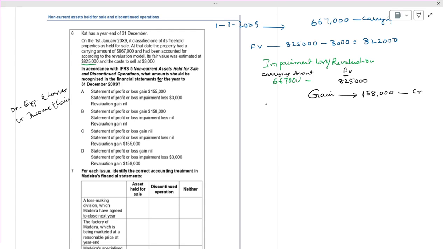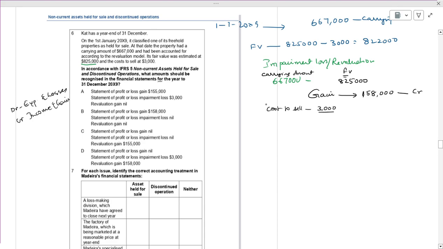Next, there is a cost to sell. How much is the cost to sell? Cost to sell is 3,000.